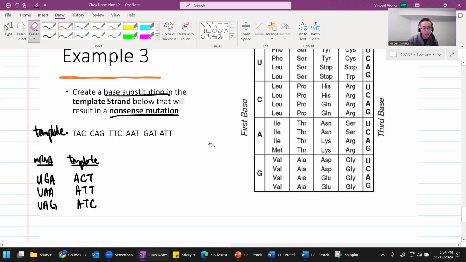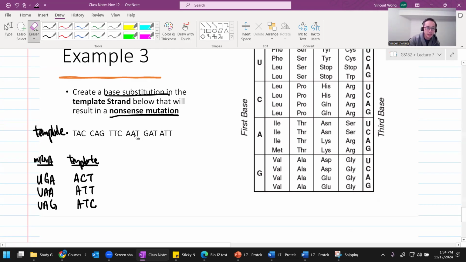So all you have to do now is find a codon where I can change one of the letters to create these stop codons. Do you see where it can be done? Yeah.